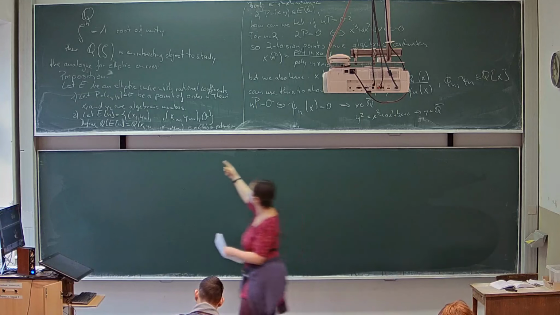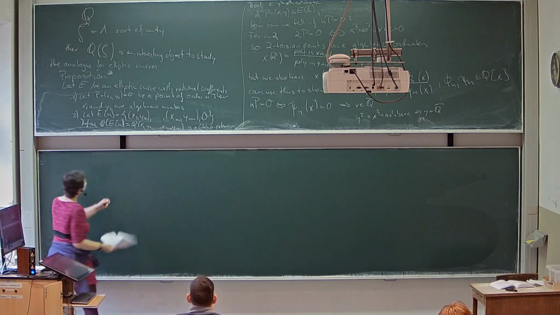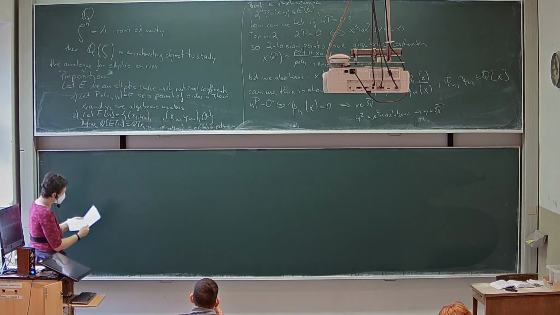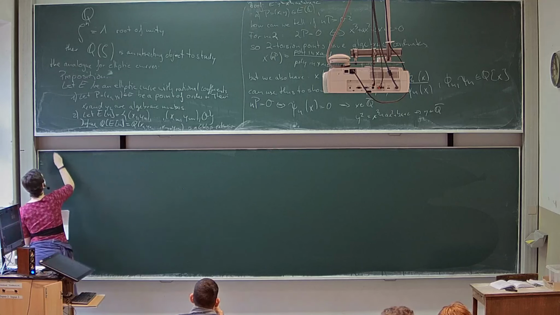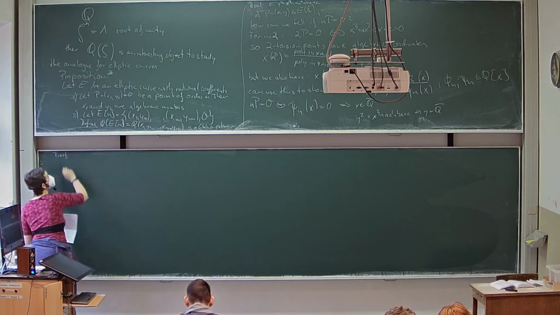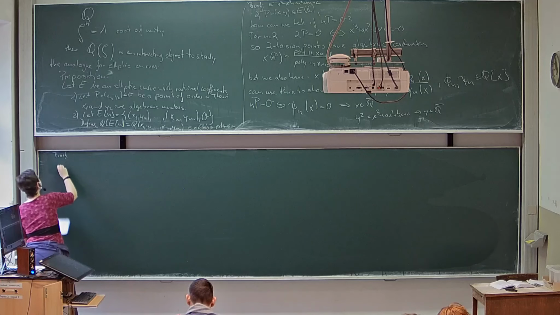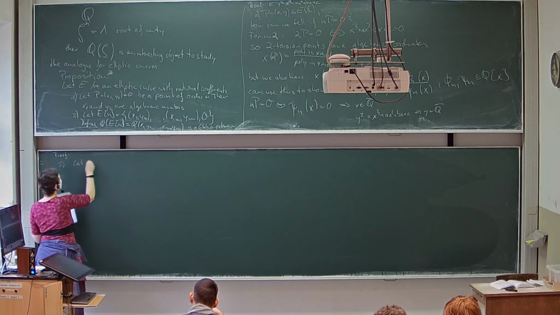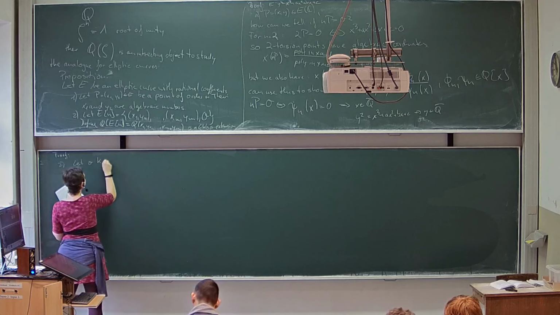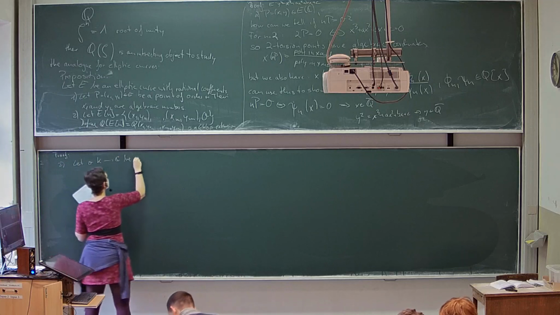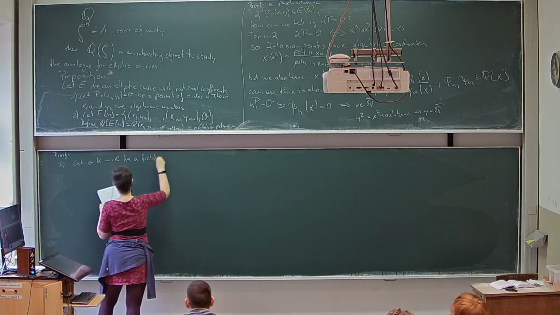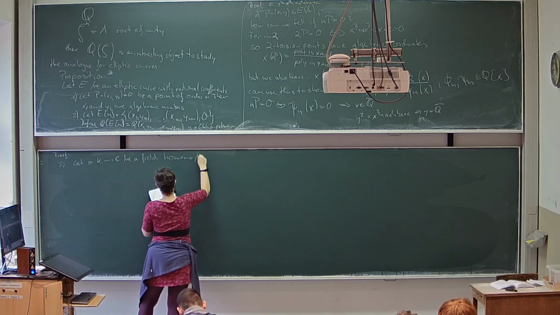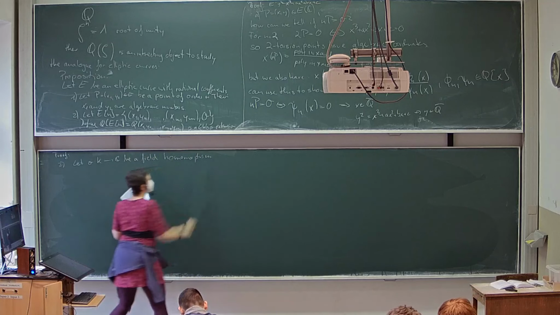Okay, what else do we want to prove? We want to prove that this field extension is a Galois extension. I called this A and this one 2.